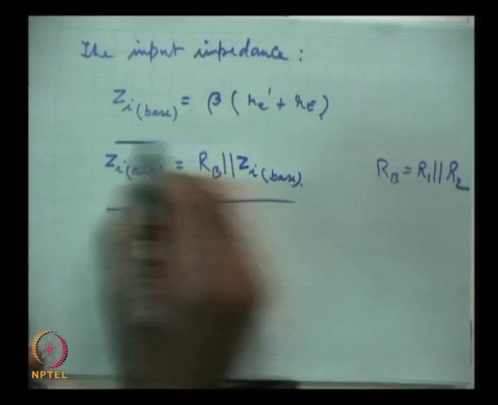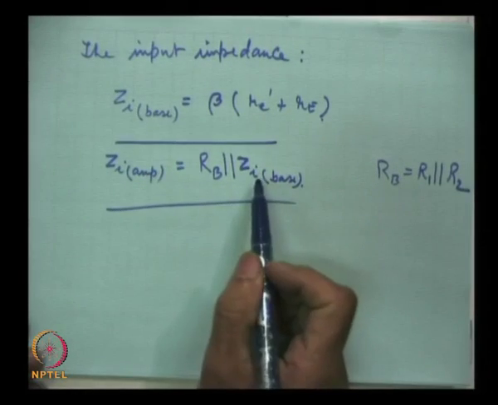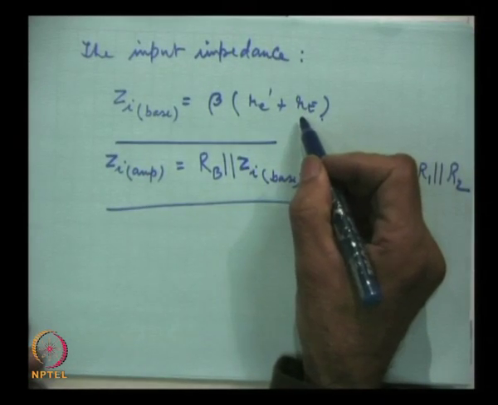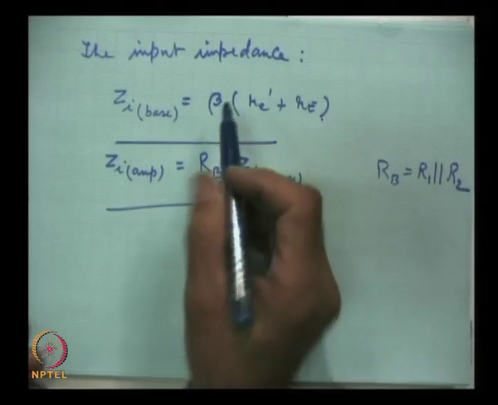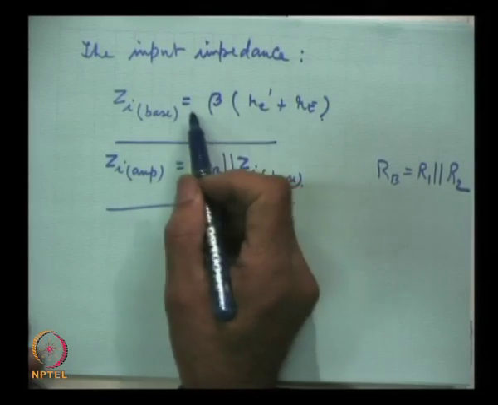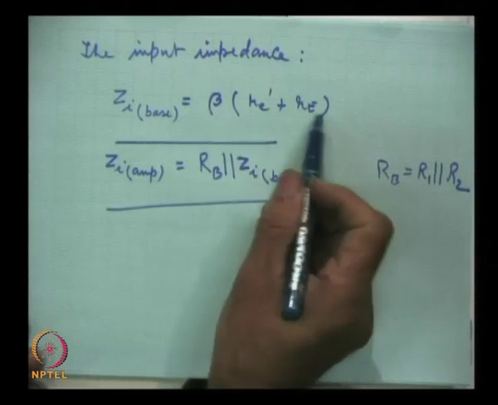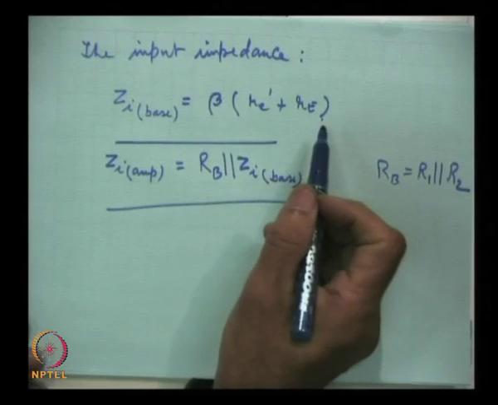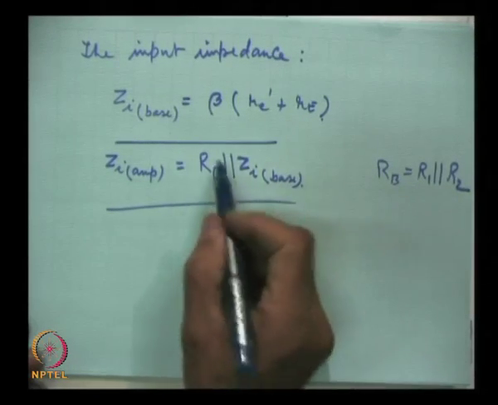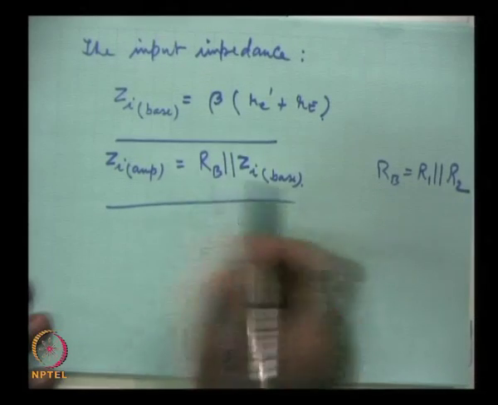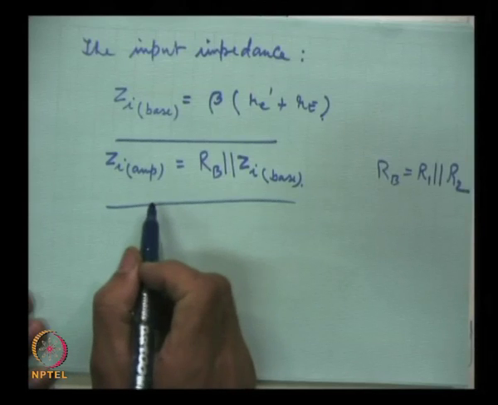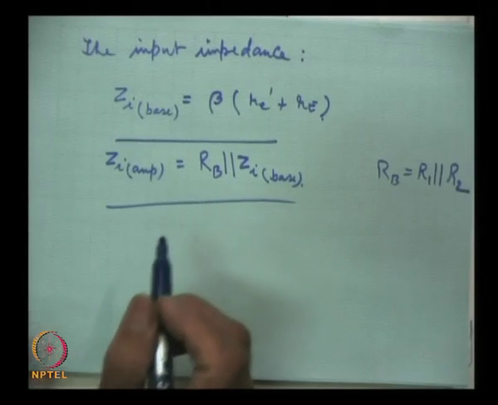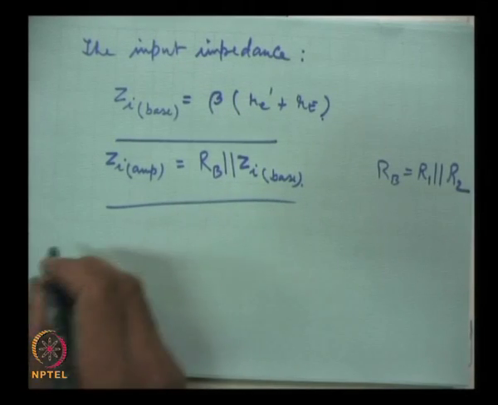this is the input impedance, and this is quite high because Re will be say 1 kilo ohm, and if we neglect even, and this is 100, then it becomes 100 kilo ohms, and whatever is Rb, through one example we will find out these values. So, this is about the input impedance of the amplifier, and now the output impedance.